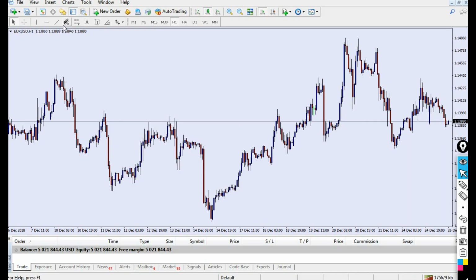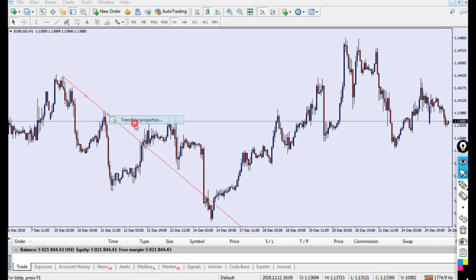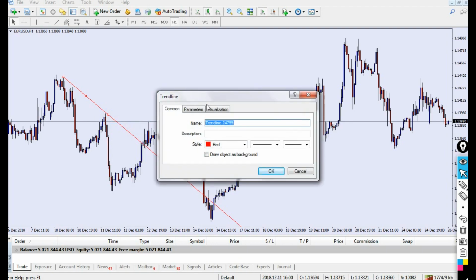When we use this type of line, it's a trend line, right? We measure a trend here. But I don't need this long trend line, so you have to select it, go to the trend line properties, and in parameters uncheck this ray.